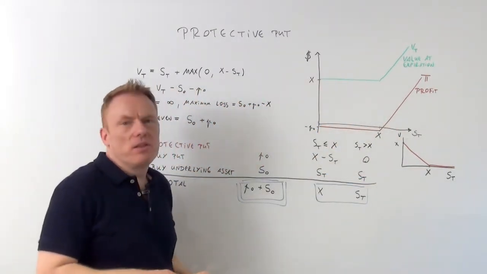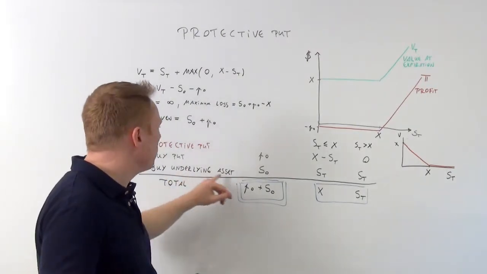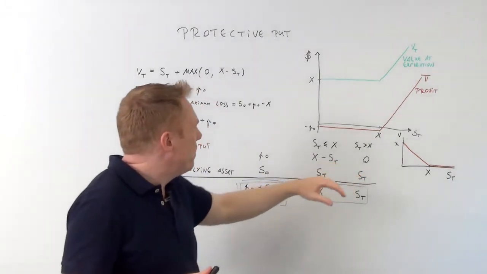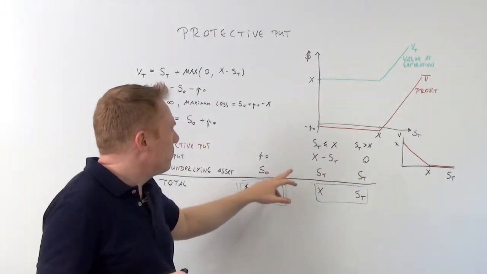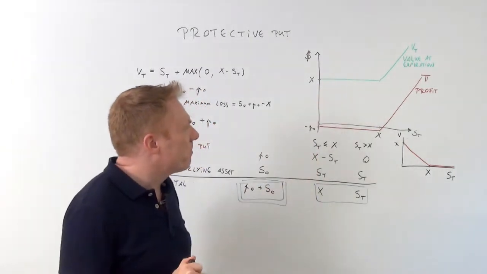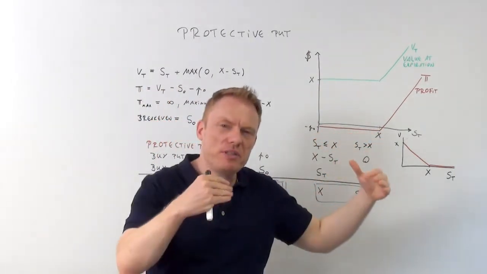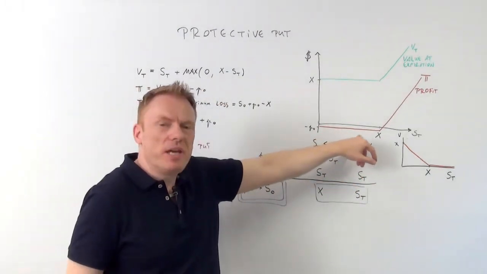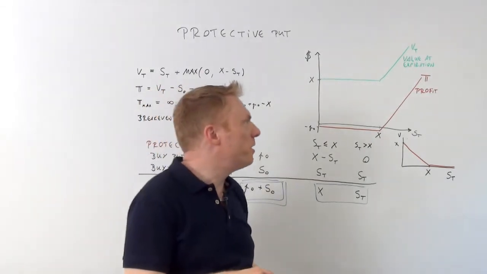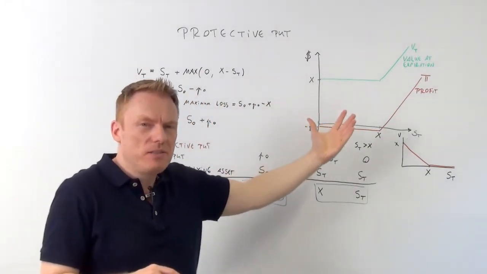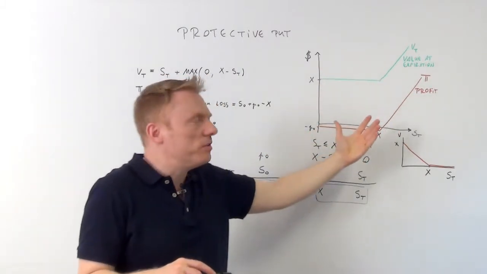And still there is the underlying asset. So all in all, we have the underlying asset and we have the put leading to this value at expiration. And the profit is strictly inferior to 0, because we still had to pay for the put first. Now the value rises, and so does the profit.